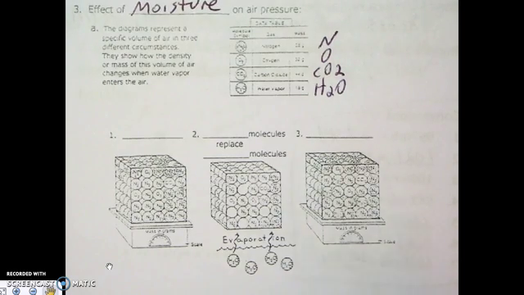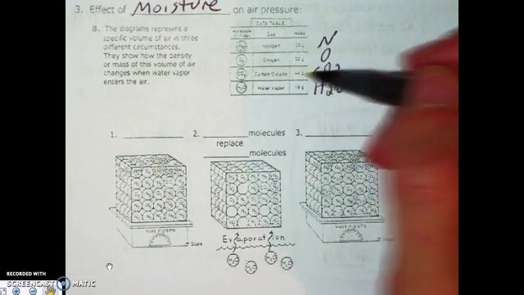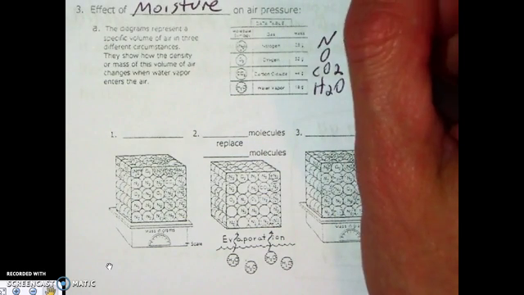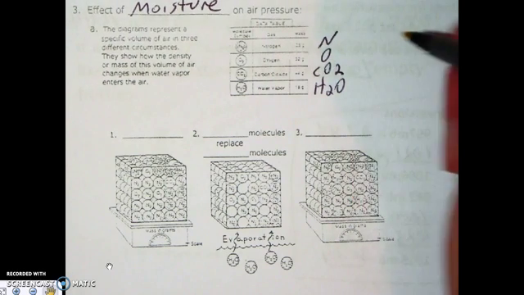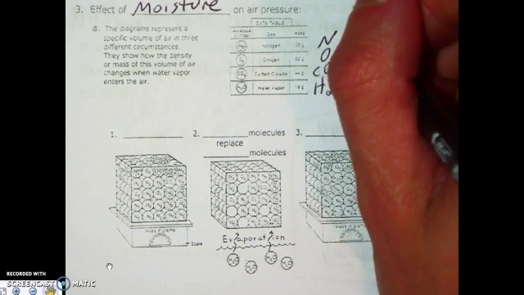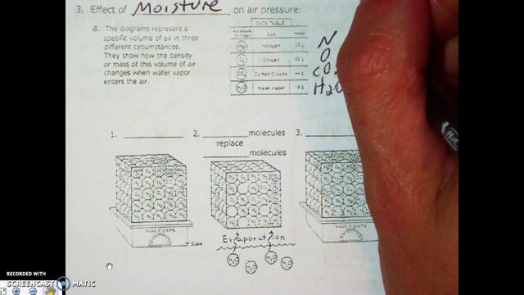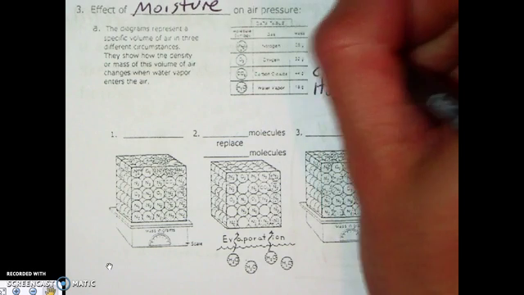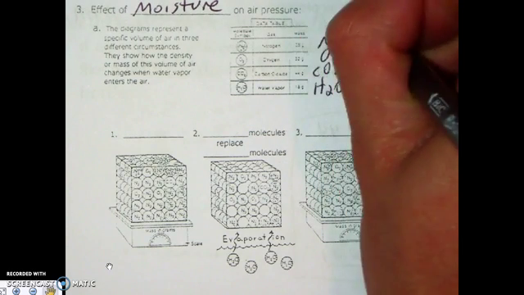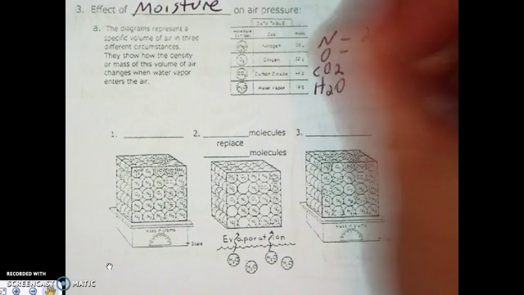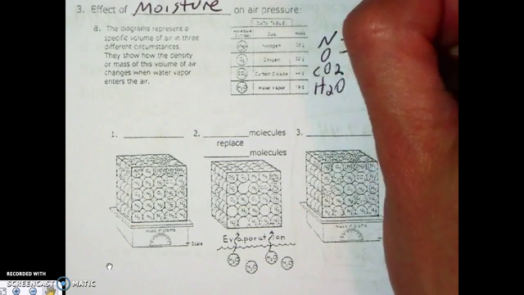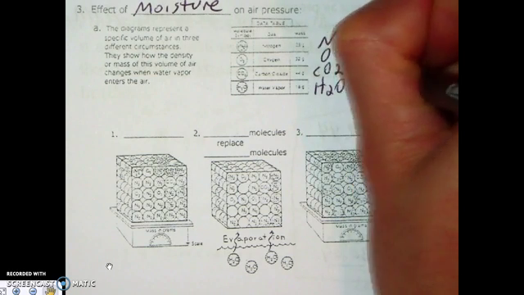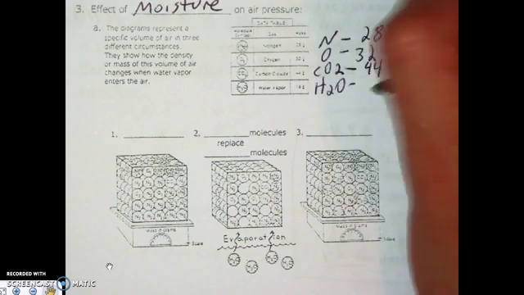Now, what this little chart is trying to show, and it's, again, too small to really see well, is that if we were to weigh these different gases, if we were to compare them in an equal way, if nitrogen, say, weighed 28 grams, oxygen is going to weigh 32, carbon dioxide 44, and water vapor 18.